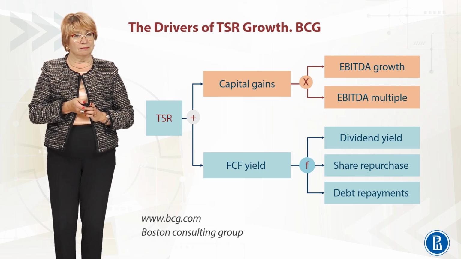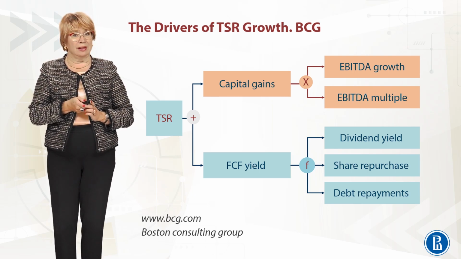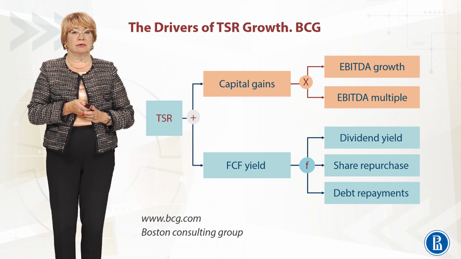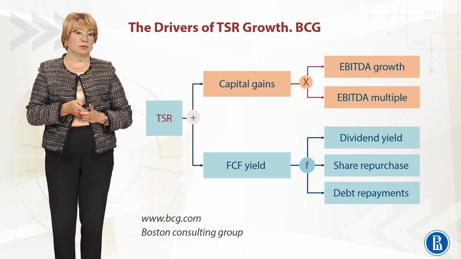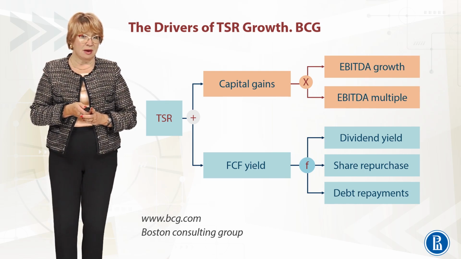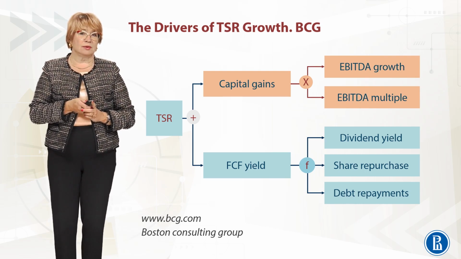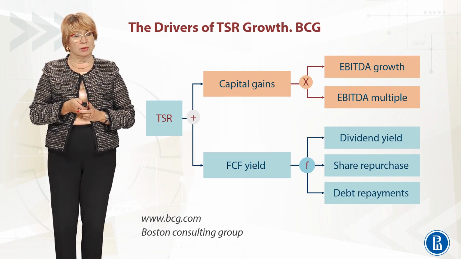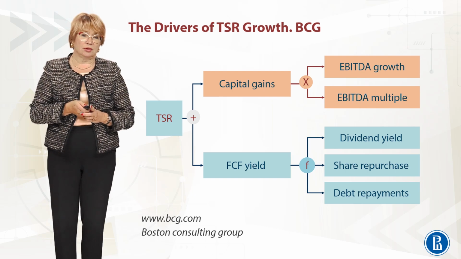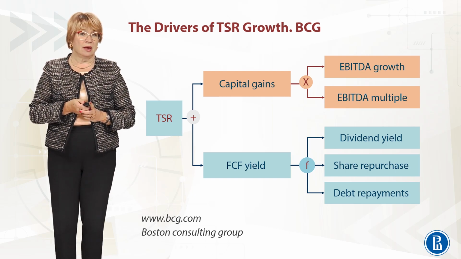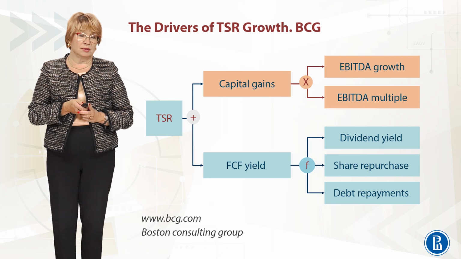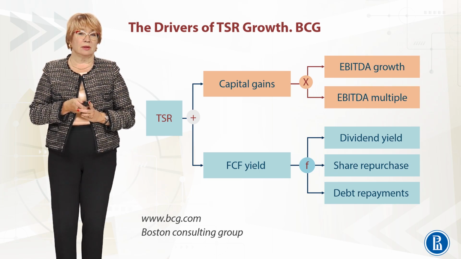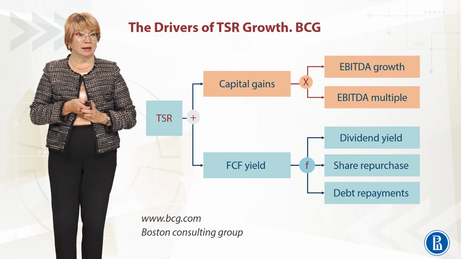The overall model states that there are some linkages across all these particular drivers, and the TSR, of course, is driven by the capital gains, and the capital gains themselves rely on the growth of earnings before interest, tax, depreciation, and amortization, because EBITDA is the closest parameter for the operational cash flow of any company in the world of investment analytics.